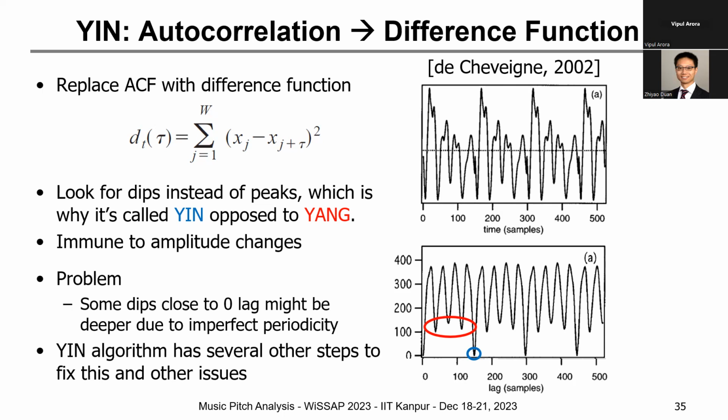I'm just presenting this paper called YIN. In this case, they're looking at the difference, so they want to find the smallest difference over different taus. That's why they call it YIN. In Chinese culture, yin represents the moon and yang represents the sun, or this is the mountain and this is the valley.